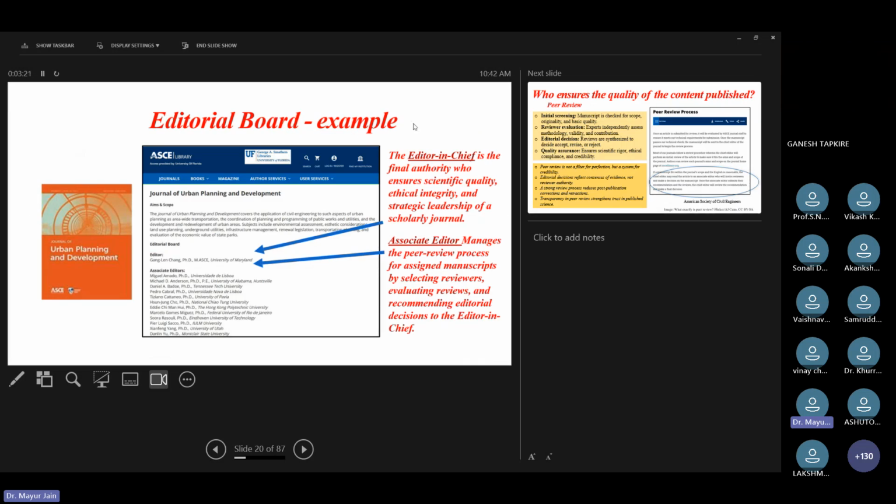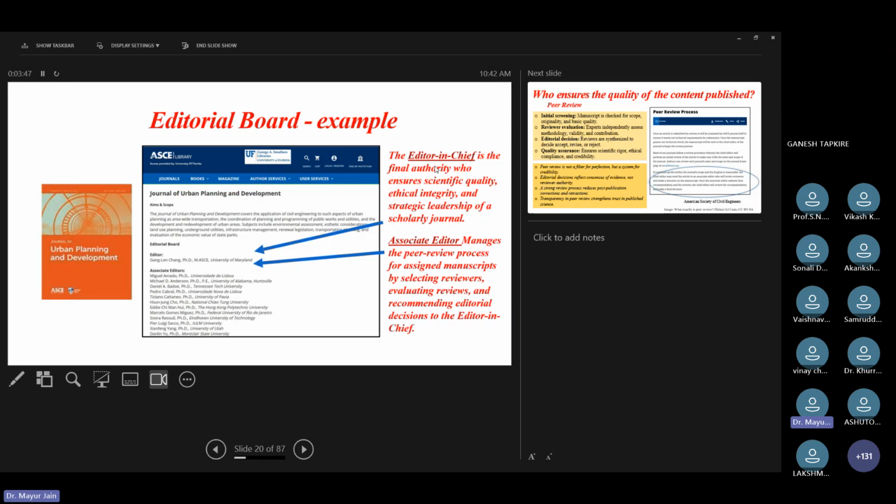Okay, then there are different editorial roles. The editor-in-chief is the final authority who ensures scientific quality, ethical integrity, and strategic leadership of a scholarly journal. So again, we know that there are different types of editors on the board. The editor-in-chief looks after everything and makes sure the journal will not go in a wrong way. It should follow all the ethics.